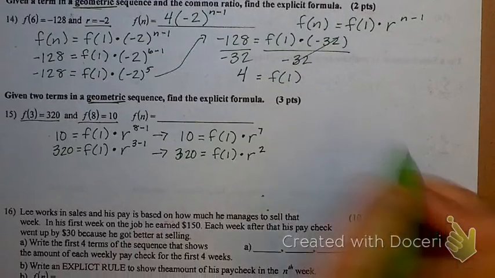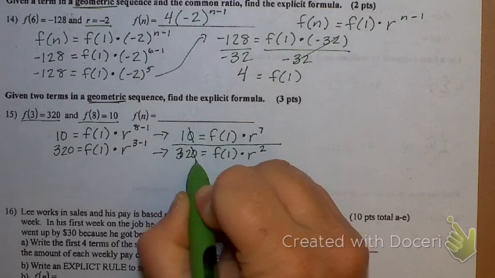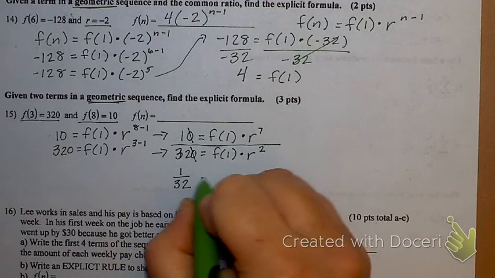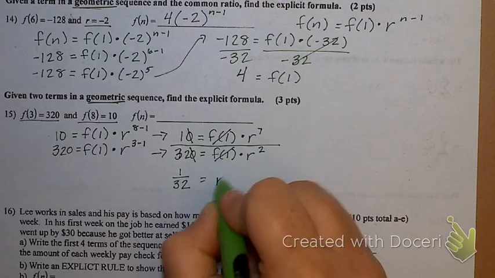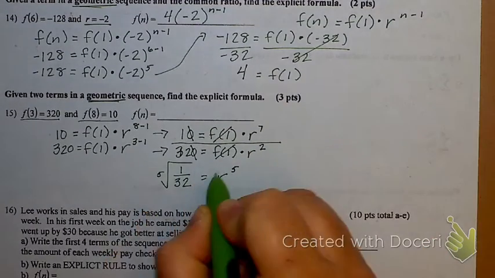I'm going to divide. 10 over 320 becomes 1 over 32. F of 1 cancels, and I have r to the 5th. So I need to take the 5th root here.